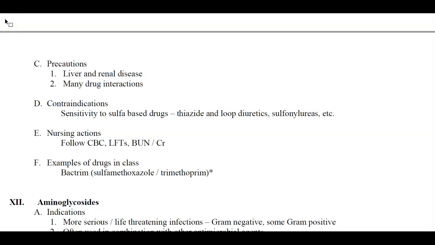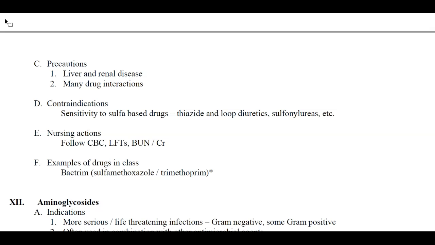It is also important to consider that this drug has many drug interactions. Contraindications include sensitivity to sulfa-based drugs, thiazide and loop diuretics, sulfonylureas, especially glipizide, and so on. It has a 10% chance of cross-reactivity. So if these people are allergic to the previously mentioned drugs, then they are likely allergic to this group of medications.